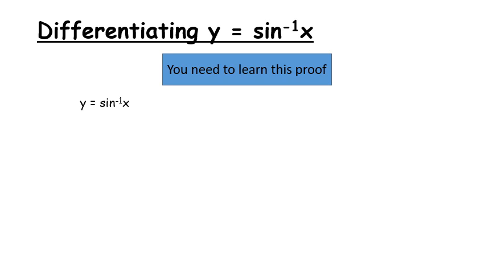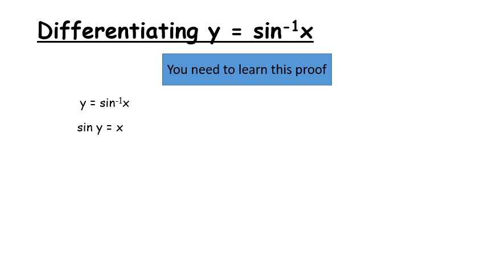Now, using what we already know about differentiation, we know how to differentiate sine, but we don't know how to differentiate inverse sine. So what we could do is perform sine to both sides of this equation. On the left I'll have sine of y, and on the right I'll have sine of inverse sine of x.